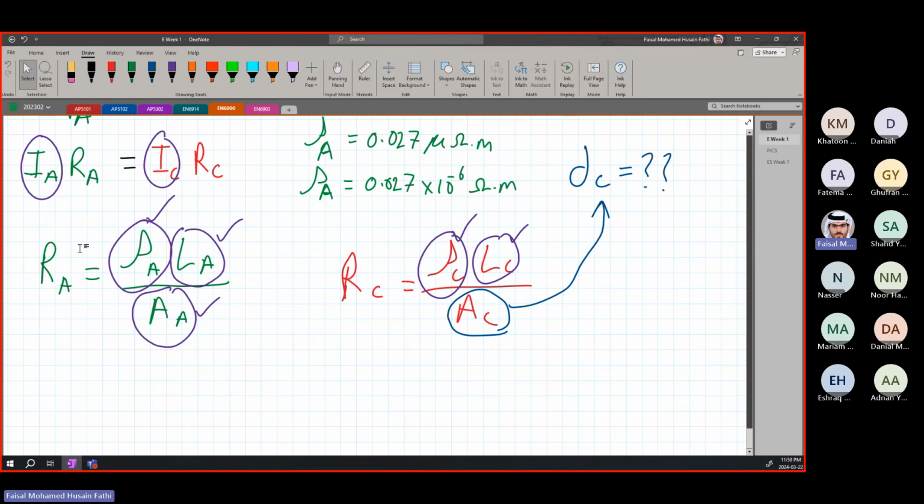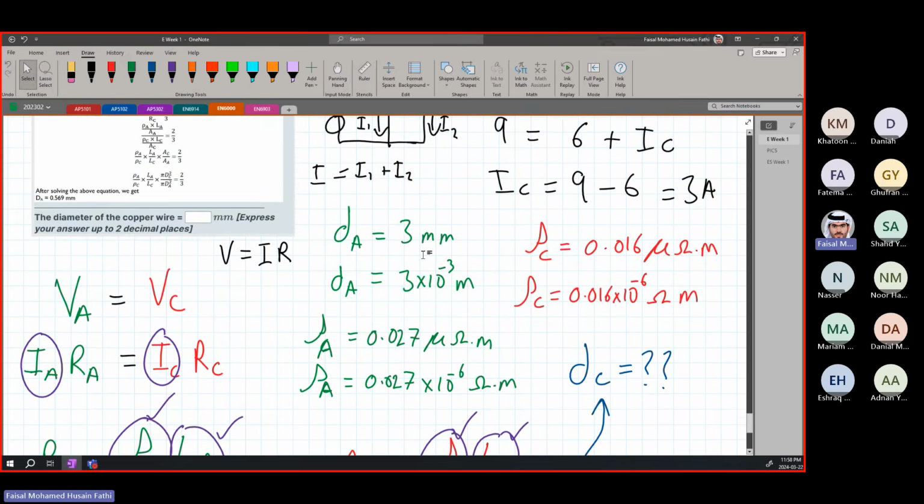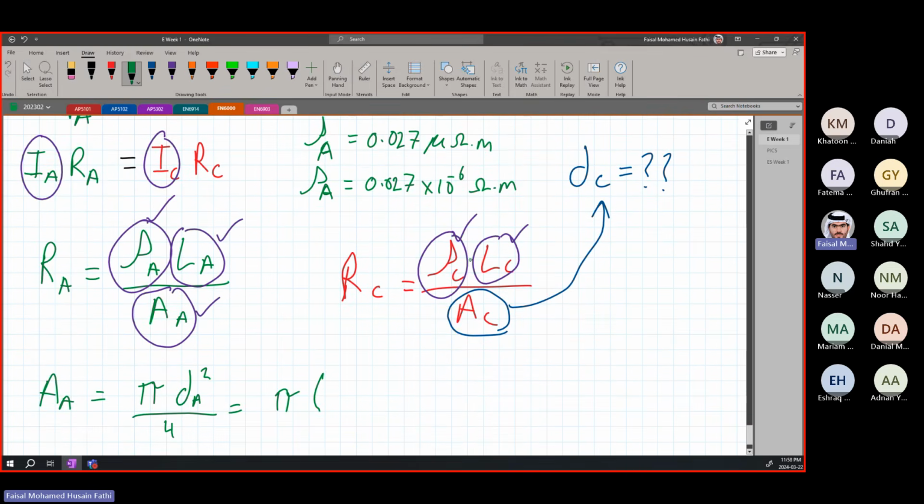We just have to substitute RA back into this equation and RC back into this equation, and we will have to solve for AC. But before we do that, let's just find AA very quickly. AA is equal to pi dA squared over 4, which is pi times dA, which is 3 times 10 to the minus 3, squared over 4.